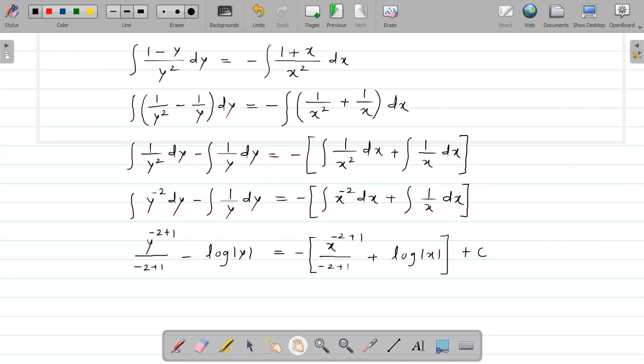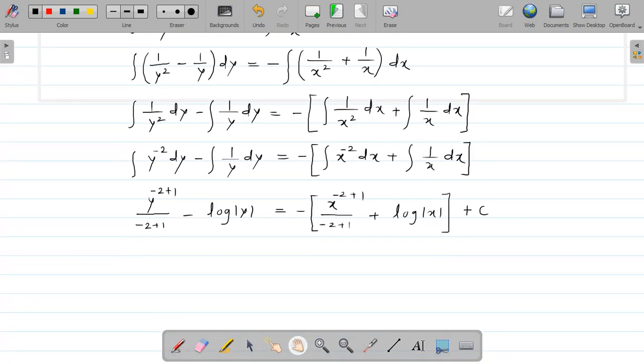Just write it in simplified form. So here y^(−2+1) means y^(−1), and here the denominator is −2+1, that is −1. So this can be written as −1/y − log|y|. Now here also minus, and in bracket x^(−2+1)/(−2+1) is −1/x plus log|x|, and plus constant.